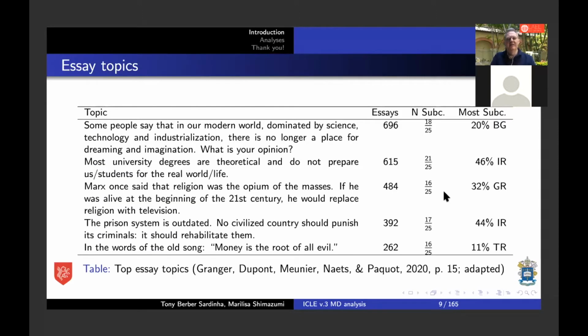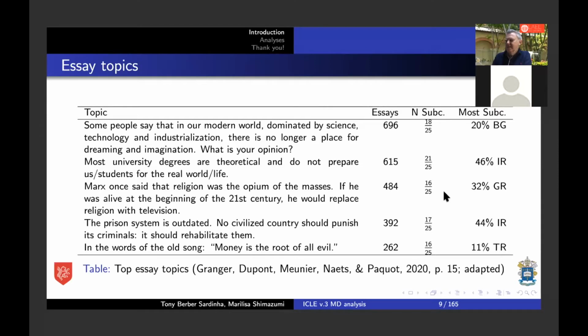The students were prompted to write on a particular topic and to produce an argumentative essay. Here are some of the essay topic choices. So for instance, this one, some people say that in our modern world dominated by science, technology, blah, blah, blah, there's no longer place for dreaming. What is your opinion?